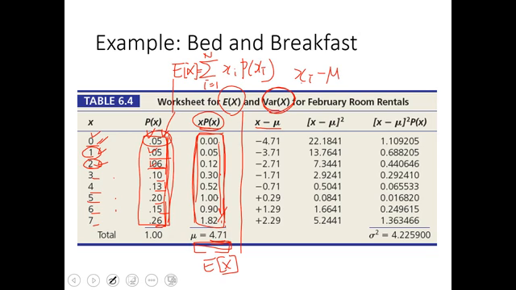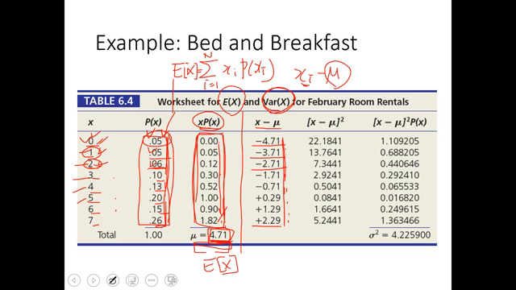Xi is 0, 1, 2, 3, 4, 5, and so on, and mu is 4.71. So the first value is 0 minus 4.71, the second is 1 minus 4.71, the third is 2 minus 4.71, and so on, up to 7 minus 4.71. Then we obtain these numbers.